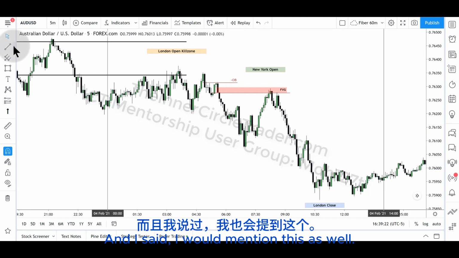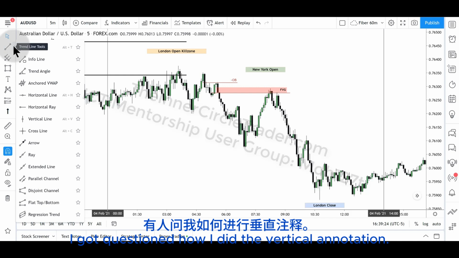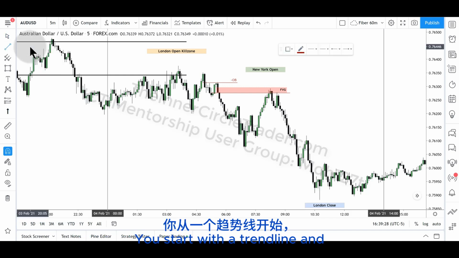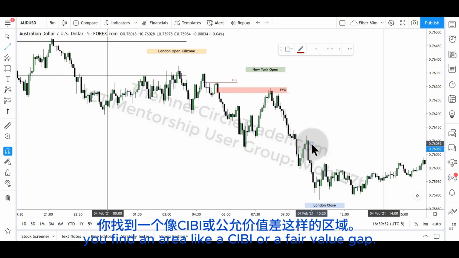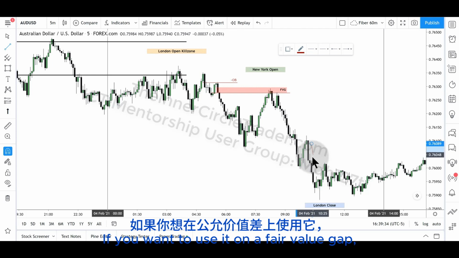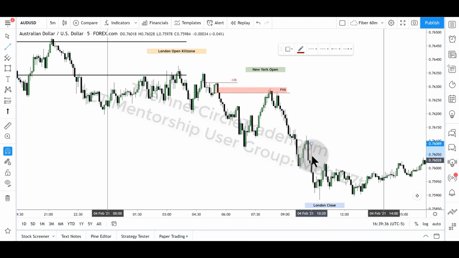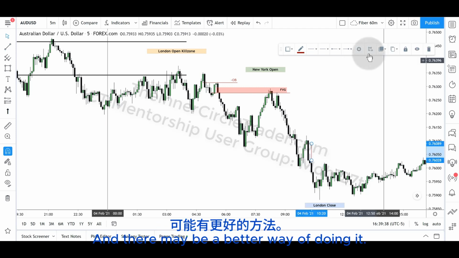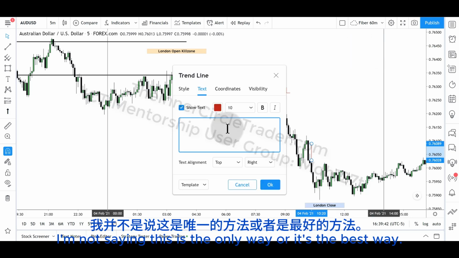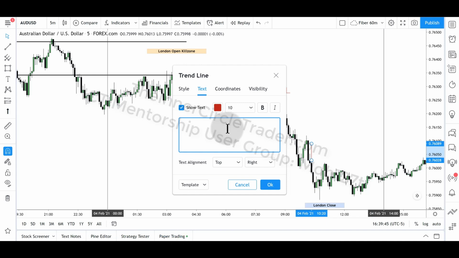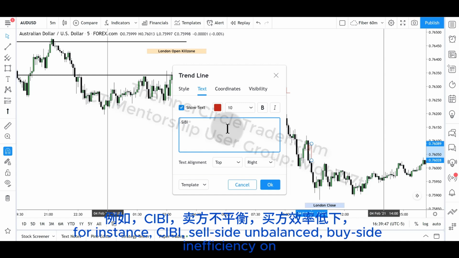And I said I would mention this as well. I got questioned how I did the vertical annotation. You start with a trend line and you find an area like a CIBI or a fair value gap. If you want to use it on a fair value gap, it's just as well. Draw a little trend line over there. And there may be a better way of doing it. Okay, I'm not saying this is the only way or it's the best way. It's just this is what I did. So I typed in, for instance, CIBI, sell side imbalance, buy side inefficiency.